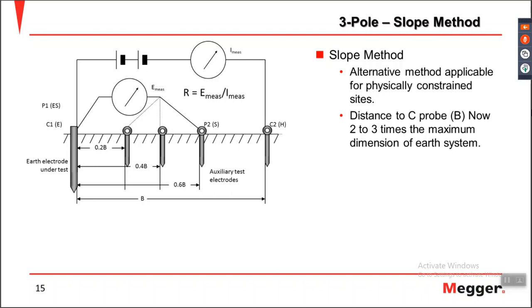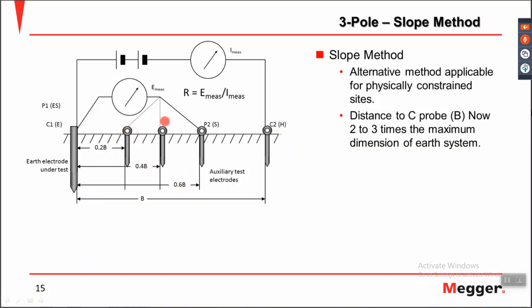Here, for the slope method, we just take a few measurements. It involves taking three readings, at 20% of the total distance to the current probe, 40% and 60%.